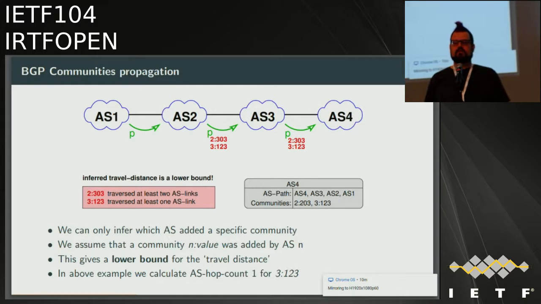This will lead us for the community 2:303 to the correct travel distance of 2 AS hops, and for the other community 3:123 to the wrongly assumed travel distance of 1, because it's just 1 AS hop. Although correctly it would be 2, for us this lower bound of the distance of 1 hop is sufficient for our work.